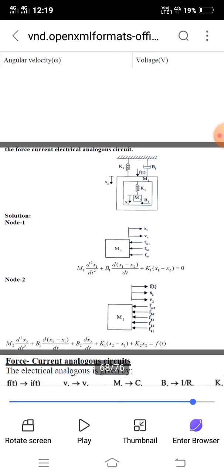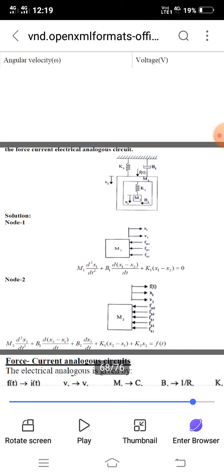First, derive M1. So M1 has X1 as output, there is no input, and it consists of force Fm1, then Fk1 is attached, and Fb1 is under the control of M1 and M2.